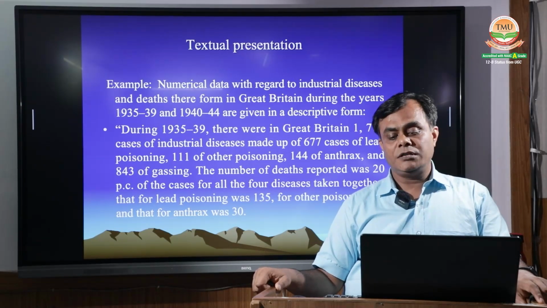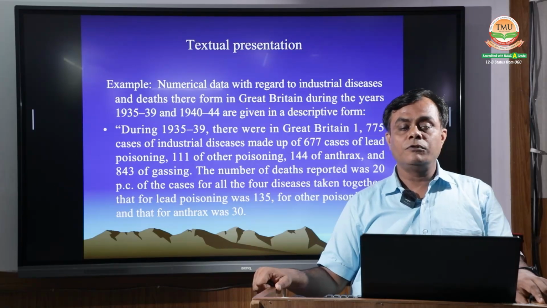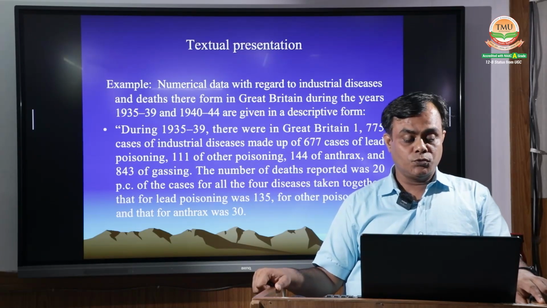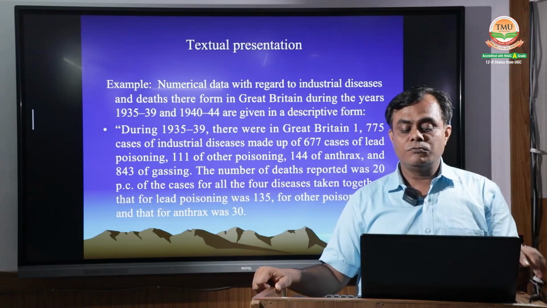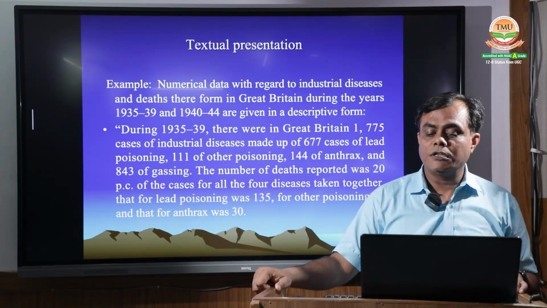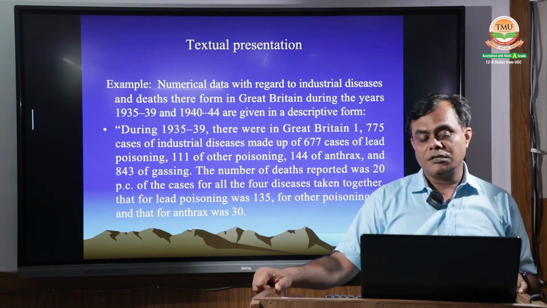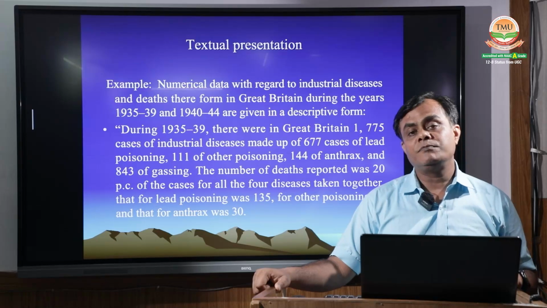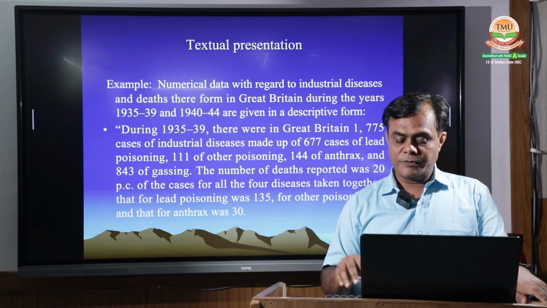The number of deaths reported was 20 percent of the cases of all four diseases taken together. That for lead poisoning was 135, for other poisoning 25, and the other 30. In this way we can present data in a textual format.